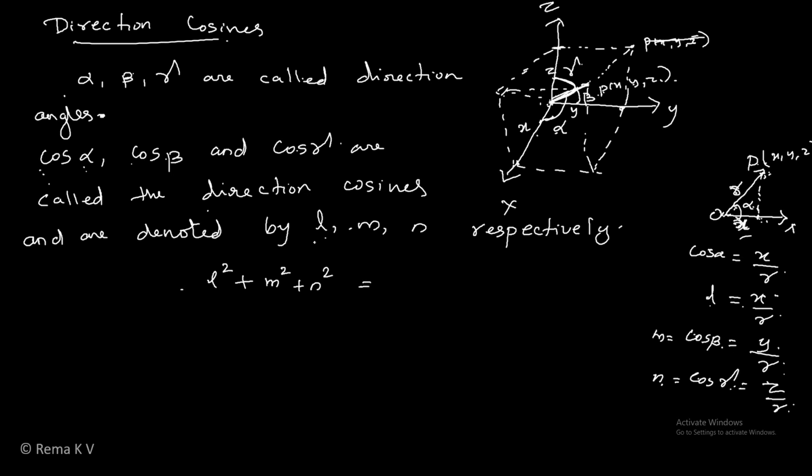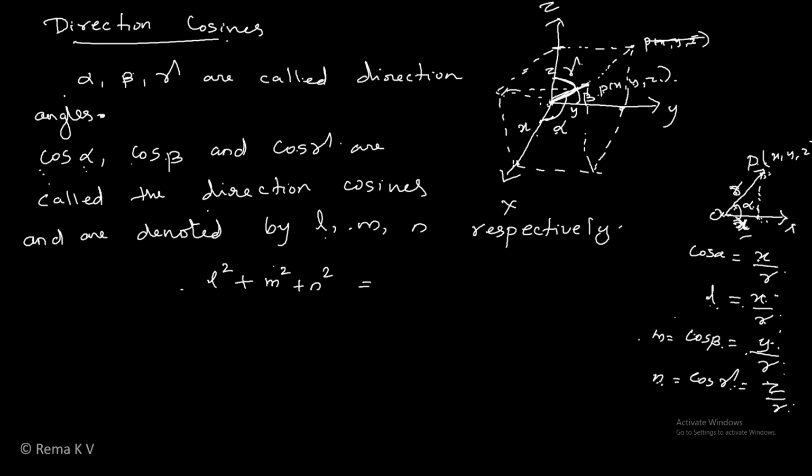What about L square plus m square plus n square? L square is x square by r square, plus m square is y square by r square, plus n square is z square by r square.